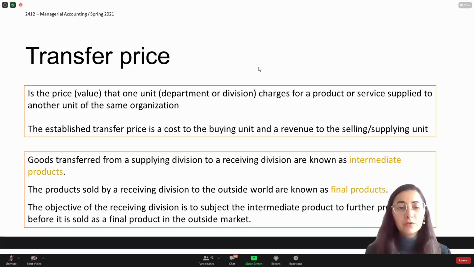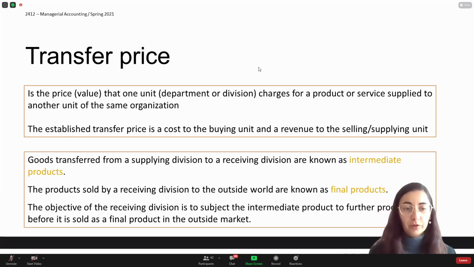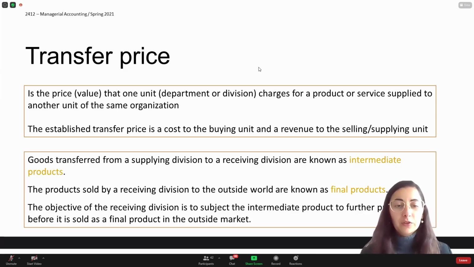The goods transferred from a supplying division to a receiving division are known as intermediate products. And the products sold by a receiving division to the outside world, to the final client, are known as final products. The objective of the receiving division is to subject the intermediate product to further processing before it's sold as a final product to the outside market.